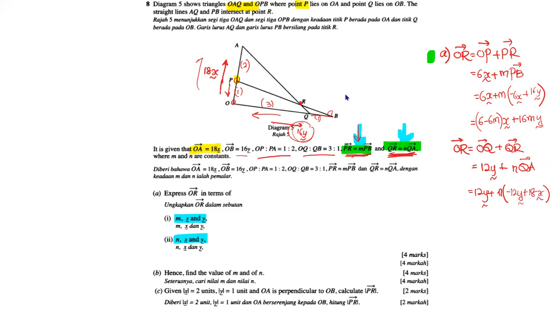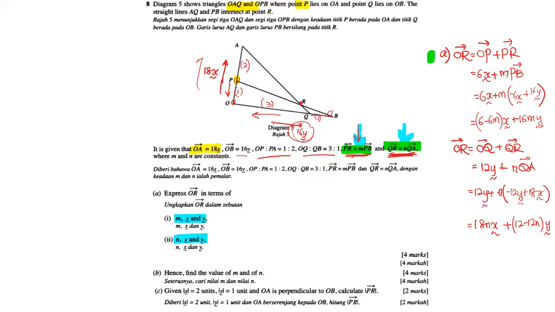So group x together, 18n x. Group y together, 12 minus 12n bracket y.